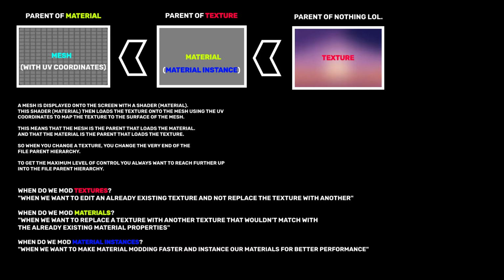Now, if I then choose to mod the material, I basically have all the control of the material, and I can choose any textures or anything I want down the line from there on. So I can change all the textures, like bump maps, ambient occlusion maps, roughness maps, metallicness maps.